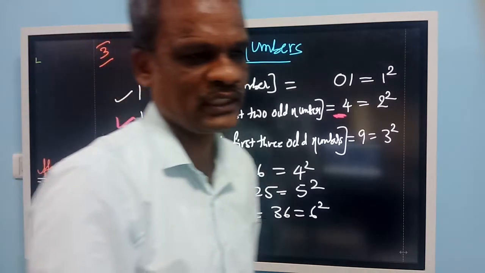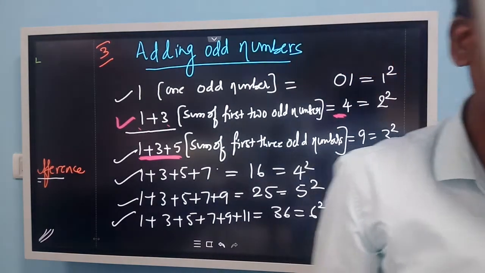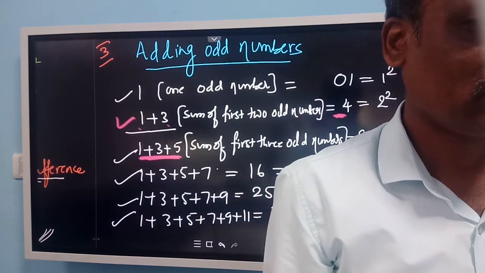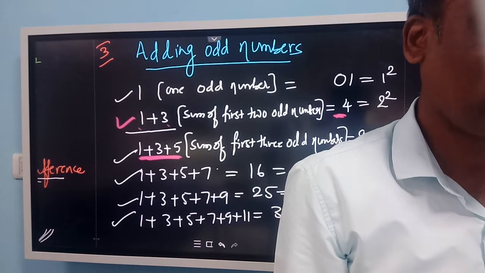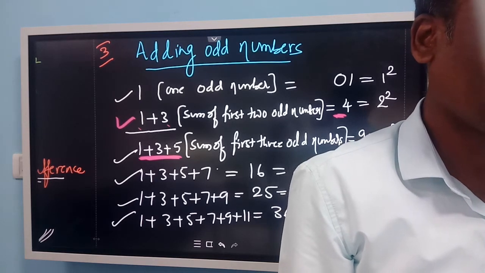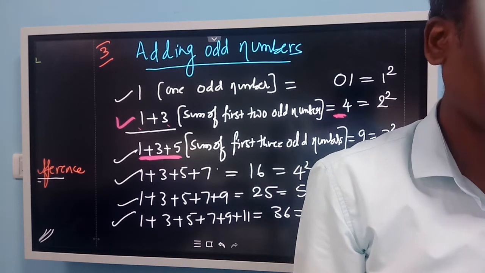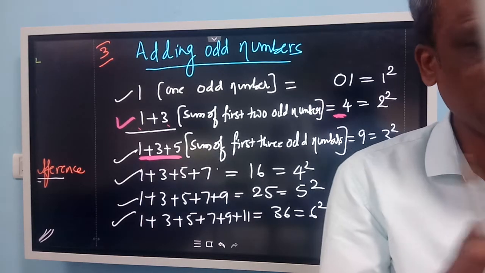Now I will ask you one question. 100 is a square number. How many odd numbers can be taken together to get 100? 10. So 10 odd numbers should be added.